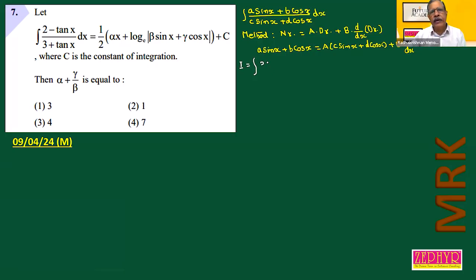You will be getting 2 cos x minus sin x, the whole divided by 3 cos x plus sin x.